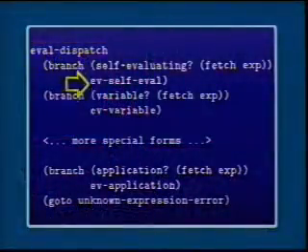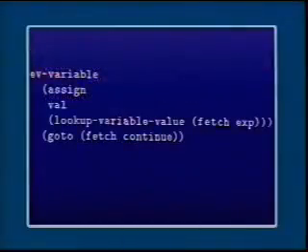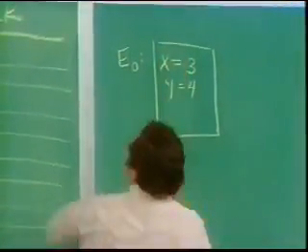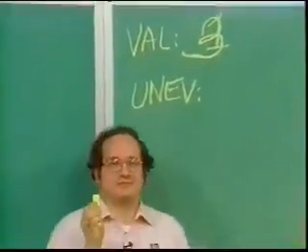No. Is it a variable? Yes. We go off to ev variable. It says assign to val, look up the variable value in the expression register. Okay. Go to fetch of continue. Done.